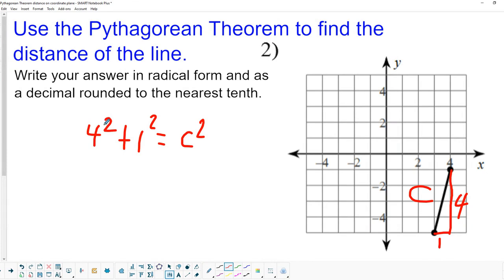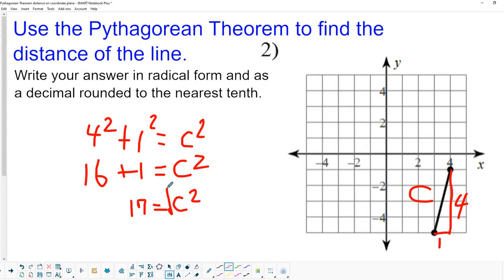Okay, so 4 squared equals 16, and 1 squared equals 1, and all of that equals c squared. So 16 plus 1 is 17, which equals c squared.